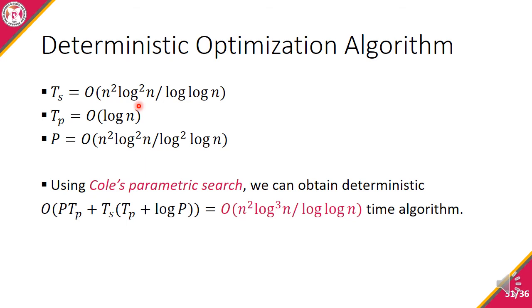Now, we have the sequential decision algorithm and the parallel decision algorithm. So, we can obtain a deterministic optimization algorithm by applying parametric search. Furthermore, we can obtain a randomized algorithm by using chance's randomized optimization.